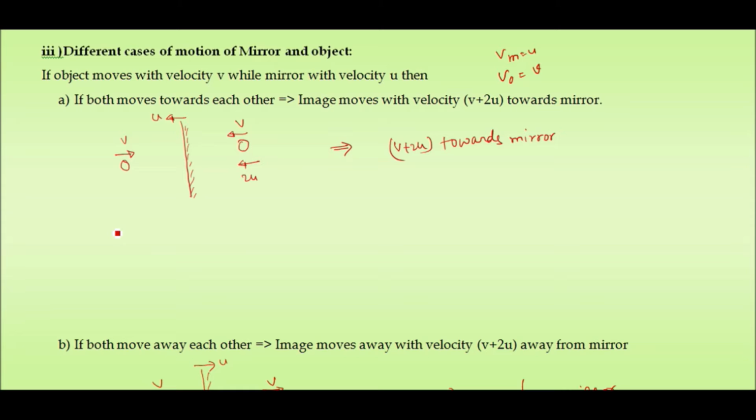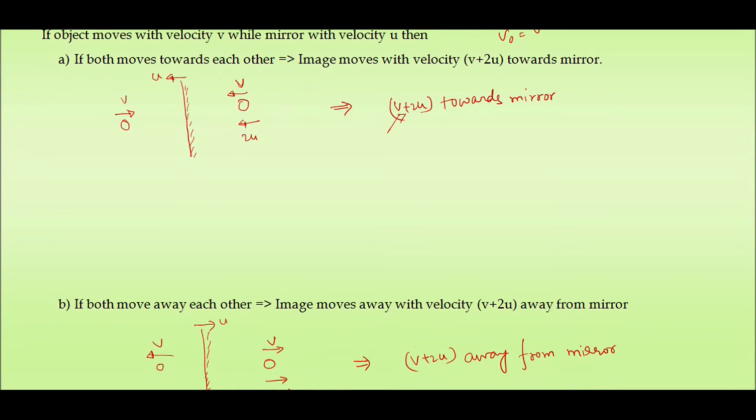We consider the case of each and then add. Then the image moves with velocity v plus 2u towards the mirror. The object is moving with velocity v, so the image will move with velocity v towards the mirror, and the mirror is moving with velocity u, so the image will move with velocity 2u. It is shown here: v due to movement of the object and 2u due to movement of the mirror. So the net is v plus 2u towards the mirror.